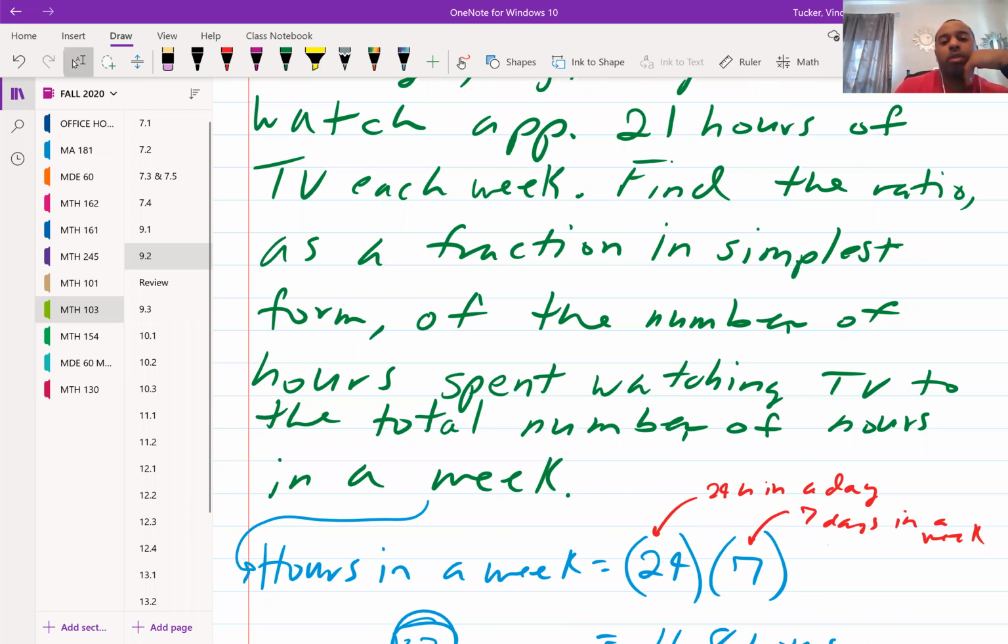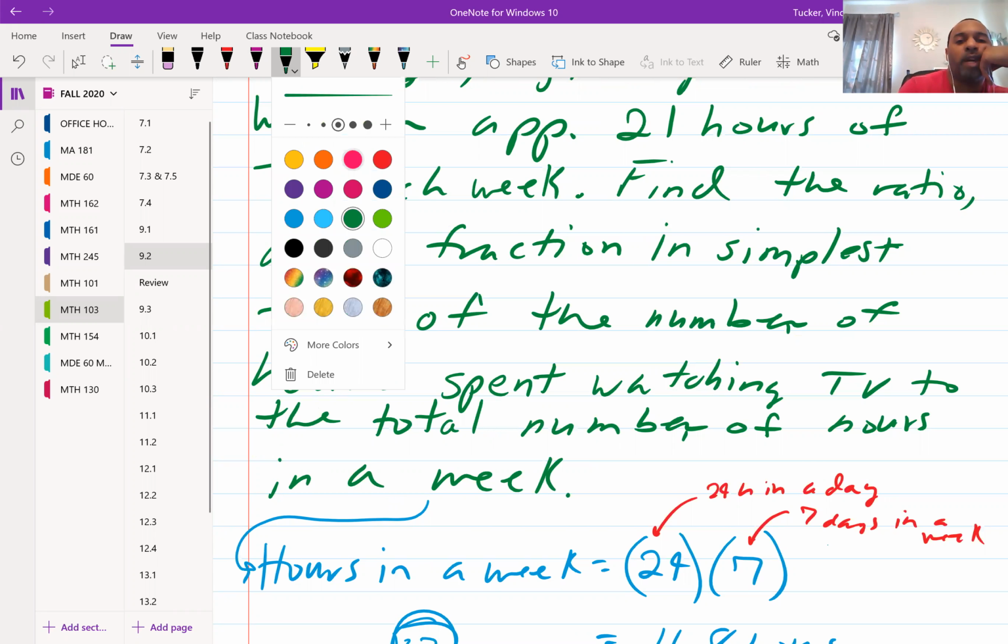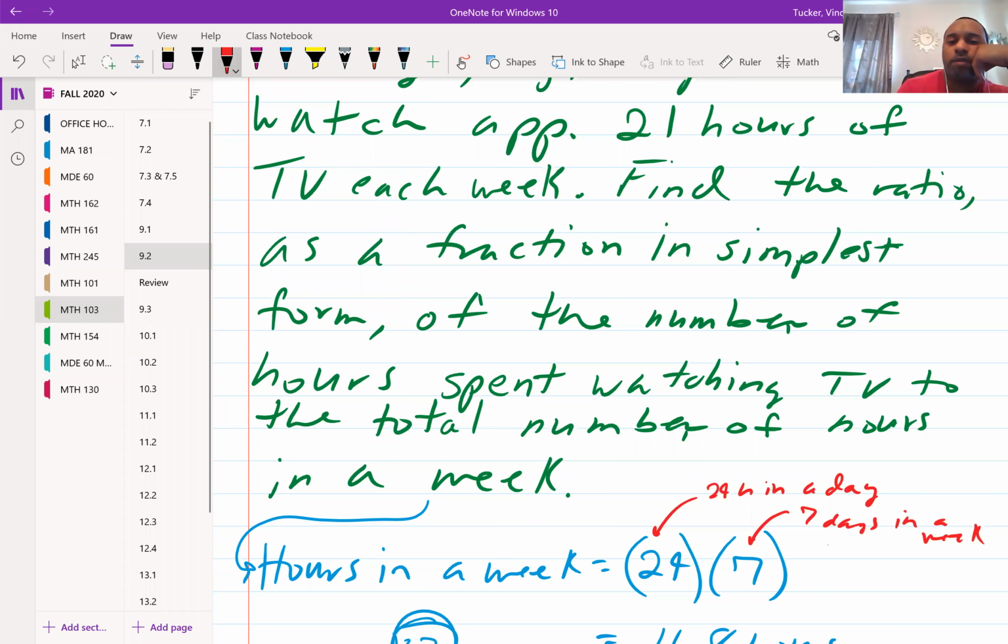All right, so if you want to find the number of hours in a week, look at what we have here. It says find the ratio as a fraction in simplest form of the number of hours spent watching TV to. The word to is where we're setting up our fraction. Everything to the left of that is my numerator, what goes on top.